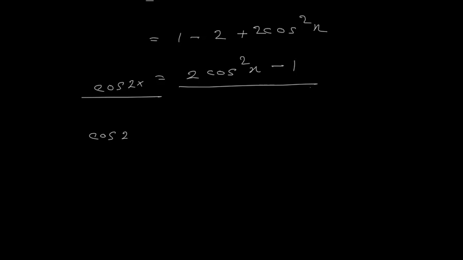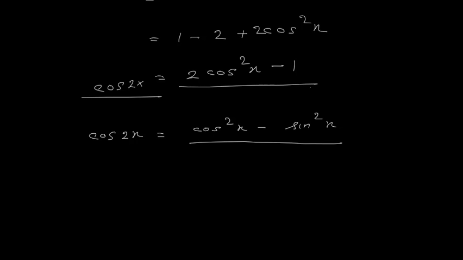Now let us discuss this cos 2x formula once again. This is cos square x minus sin square x. Now what I will do here, I want to express this in terms of tan. So to express in terms of tan, I have to divide this numerator and denominator by cos square x.